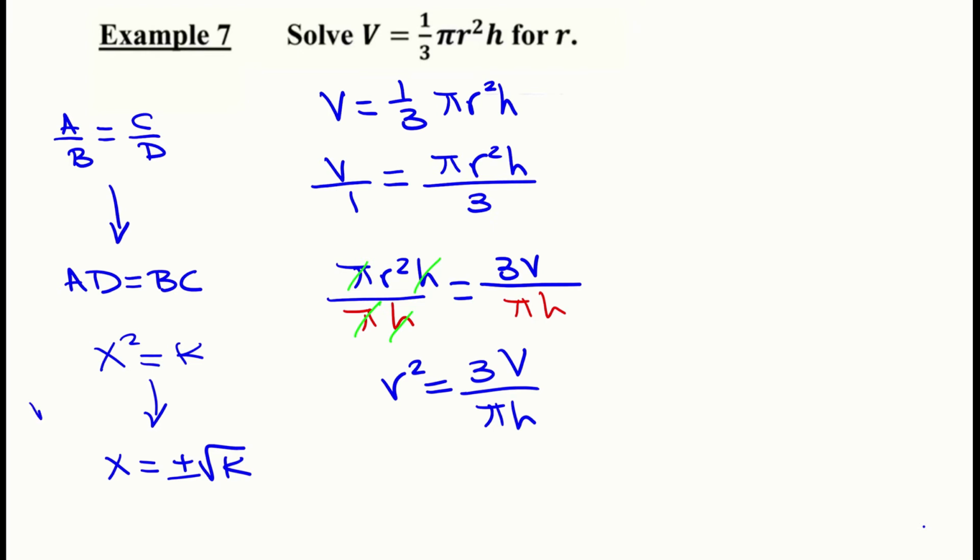Which is called, if you remember, the square root property. So we end up with r equals plus or minus square root of 3v over pi h, okay?